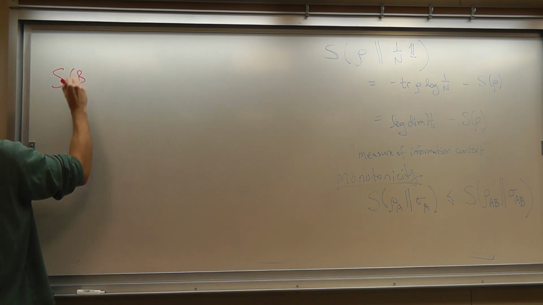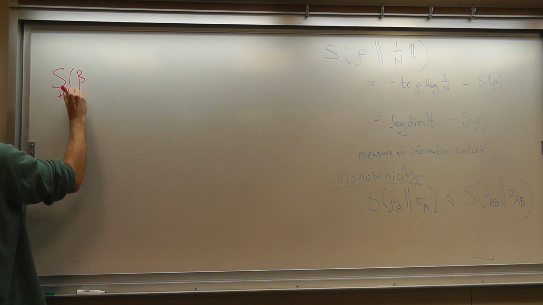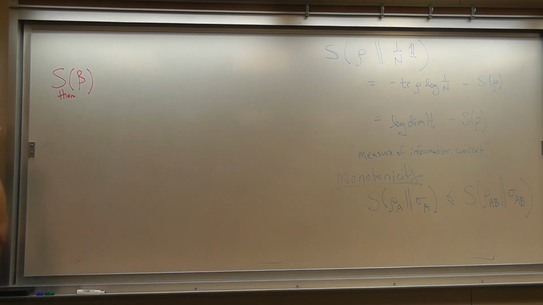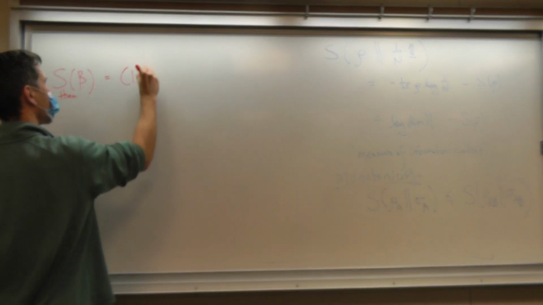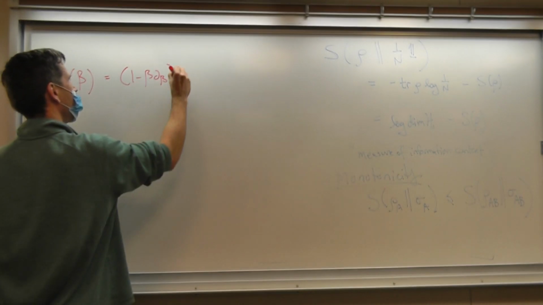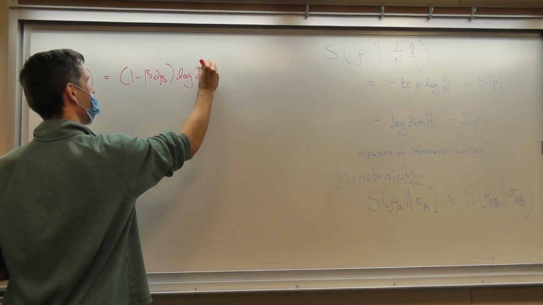S of beta, call it S thermal of beta, is (1 minus beta d beta) log Z of beta.